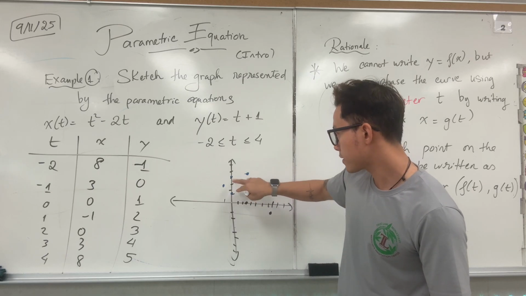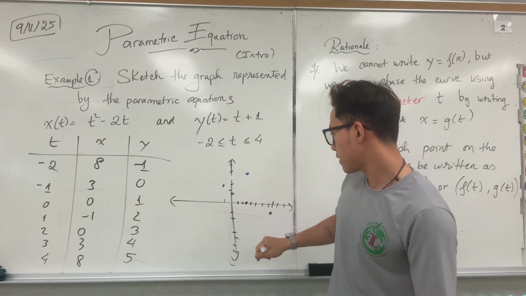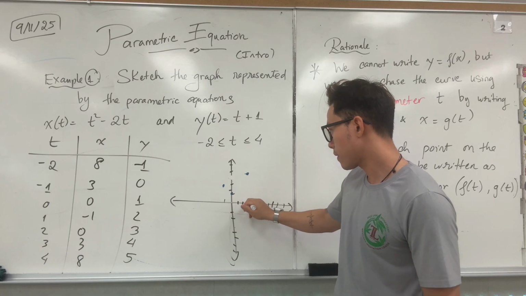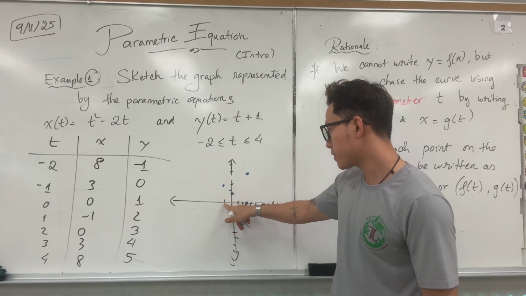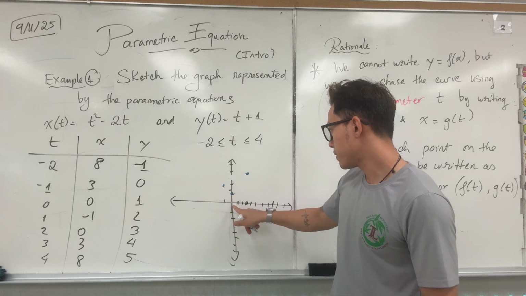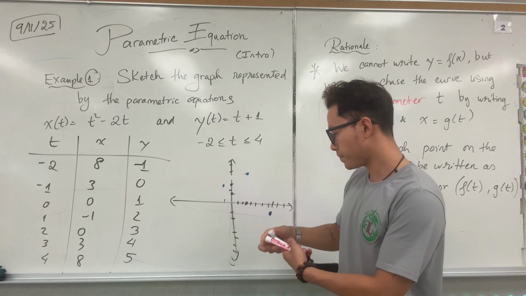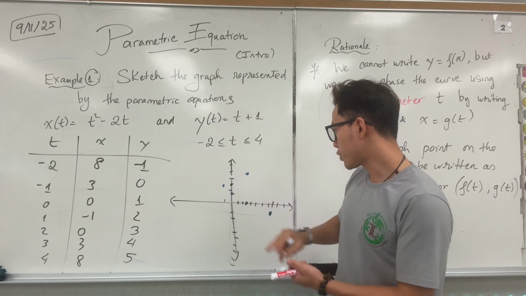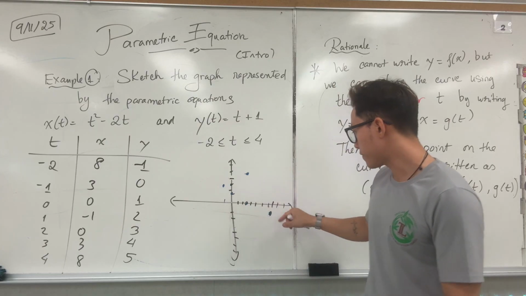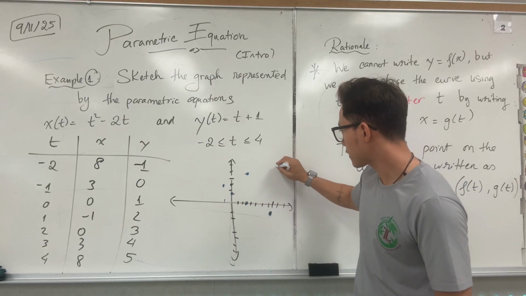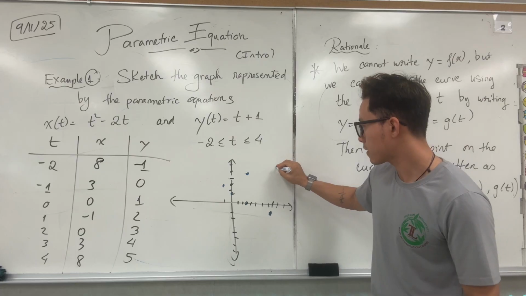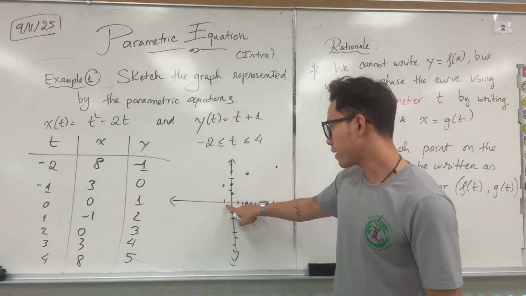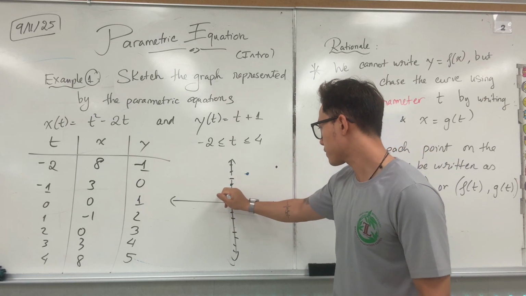Why do I get this? -1 and 2, 0 and 3, oh, right here. 3 and 4, 8 and 5, 8 and 5. Okay. -1 and 2, so it should be here.